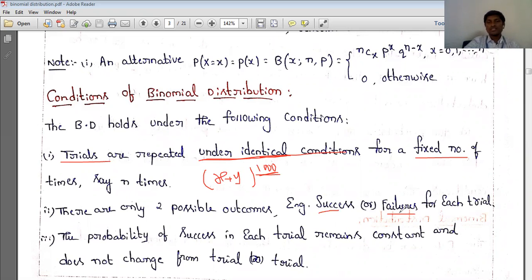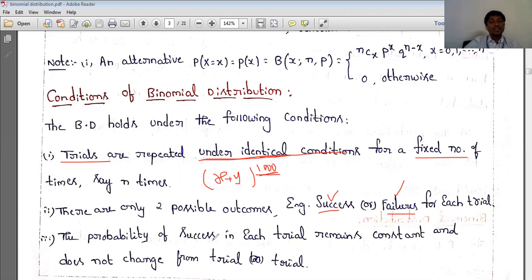Everything in our day-to-day life has two options, success as well as failure. Coming to college is a success, and not coming to college is a failure. Writing an exam and passing is success, and otherwise it is failure. Like that, everything in day-to-day life has two options, success as well as failure.